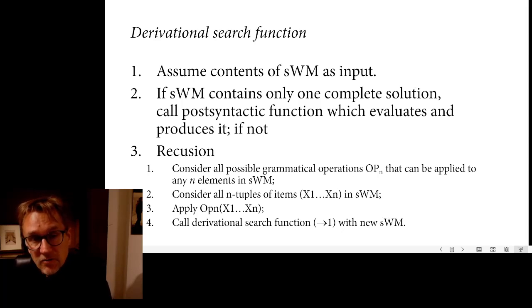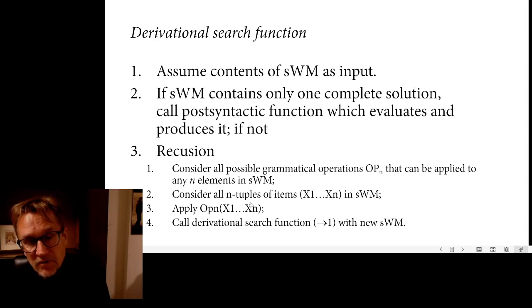But if there are several operations, they are all selected here in a well-defined order. It doesn't matter what the order is, but they all have to be selected always and in some well-defined order. And then when we have selected some operation from that list, whether the first, second, or third, depending on where we are going in our search, then we have to consider all ways that operation can be applied to the contents of the syntactic working memory, the step 2 here.